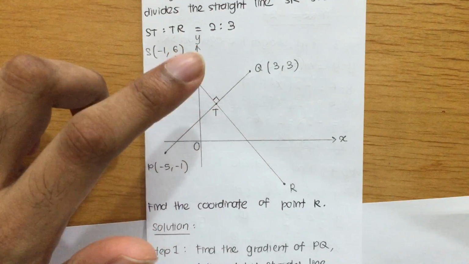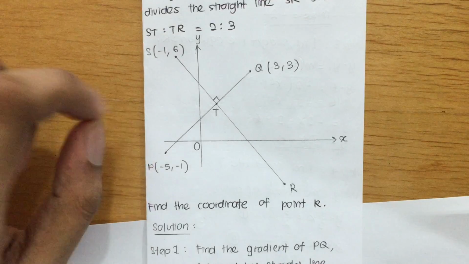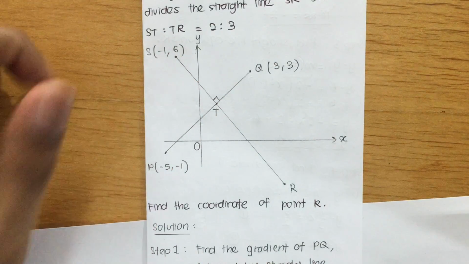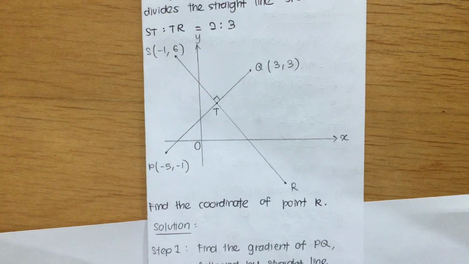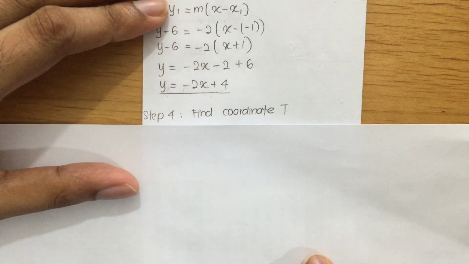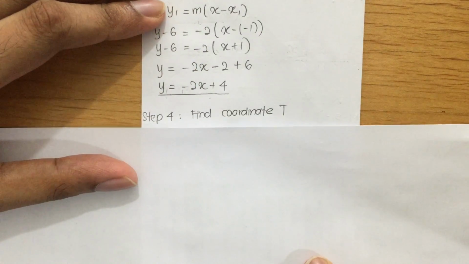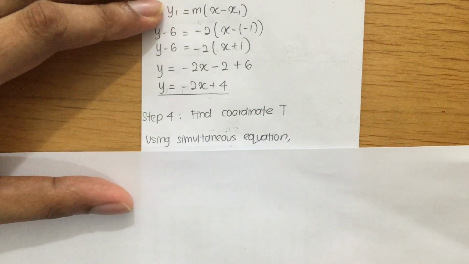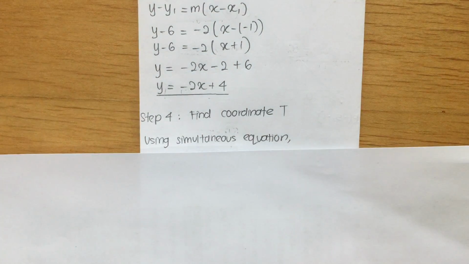Two lines intersect at one point, so from here we can find the coordinate T easily. Let us proceed to the next step. Step 4 is to find the coordinate T. How are you going to find coordinate T? We're going to use the simultaneous equation method.